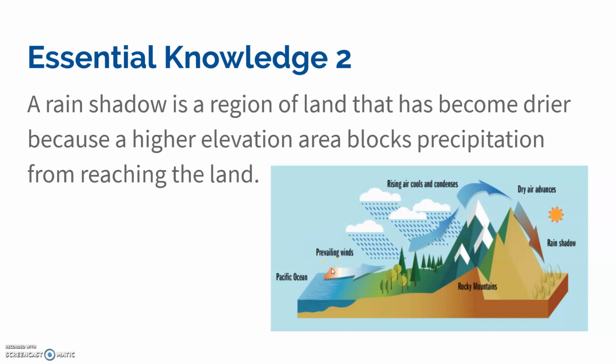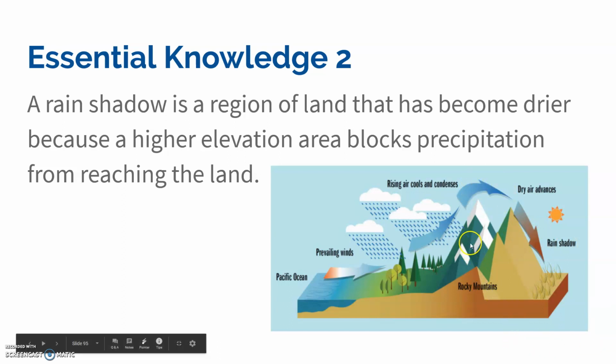It slopes upwards, cools down and condenses. But by the time it gets over the mountain, all that moisture is gone. There's not another source of water in the mountains. So when it goes over the other side of the mountain, we see a desert form.